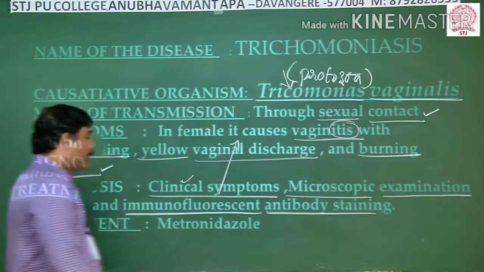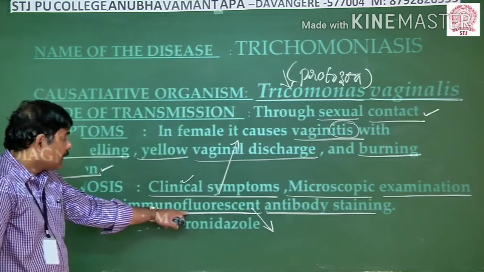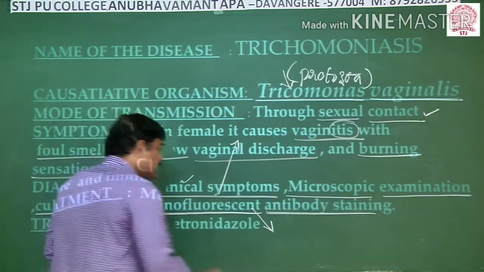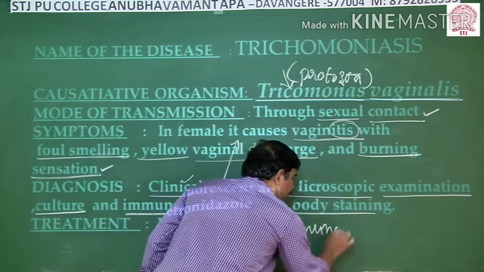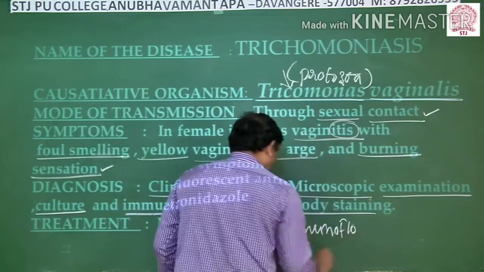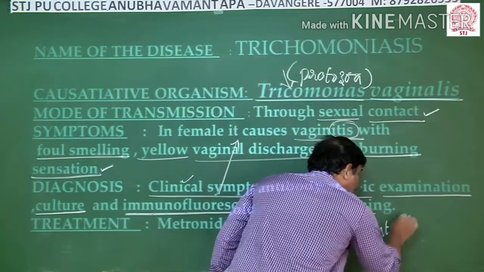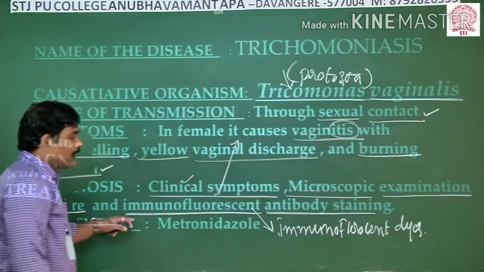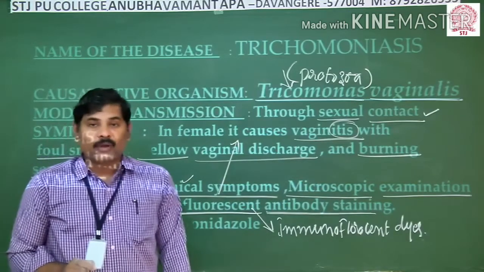Immunofluorescent, you might have heard about fluorescent bulbs. In this case, immunofluorescent dyes are used. These dyes help in marking the antigen and antibodies.